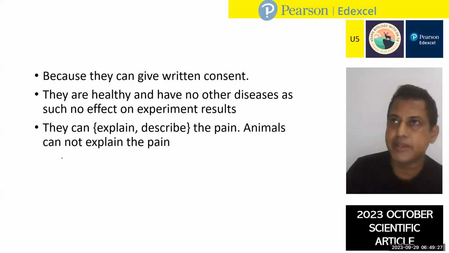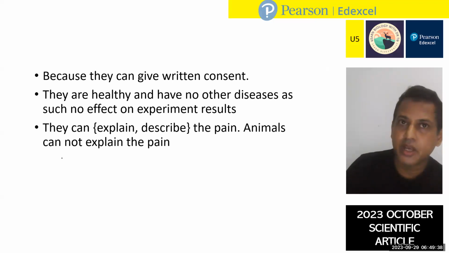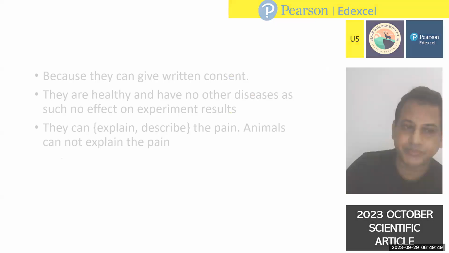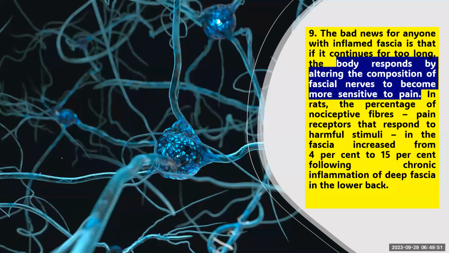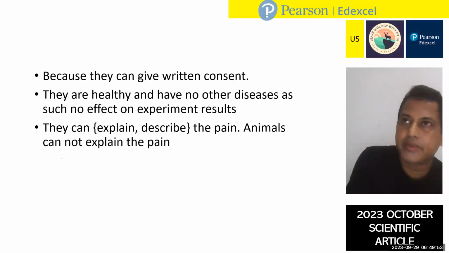Animals cannot explain the pain. So it's a diffuse pain, radial pain, a localized pain, and it's a mild pain or a severe pain. All the information can be clearly expressed by healthy volunteers. And the last thing we should keep in mind, the pain helps scientists understand the type of disorder.